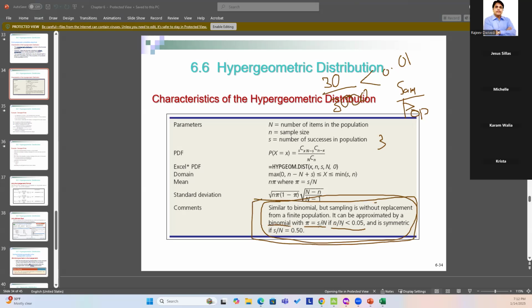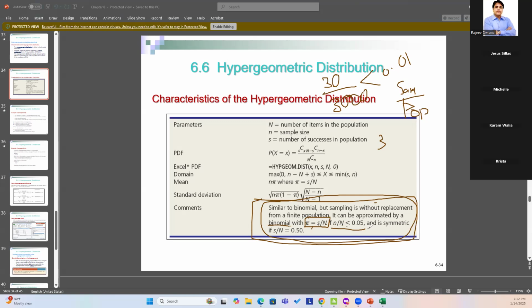Approximately binomial, with success divided by population. So what would be the proportion? Because for binomial you need a proportion. Proportion pi equals successes divided by population.